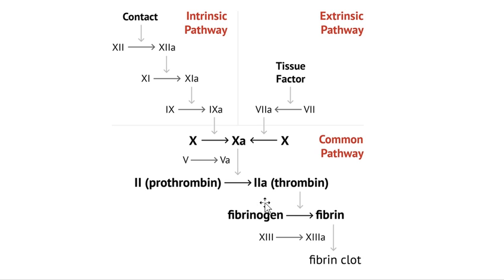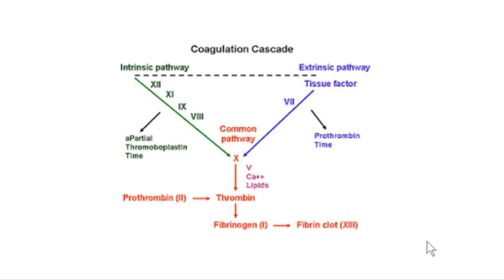Thrombin ultimately activates fibrinogen, converting it into fibrin. So fibrin threads are formed and form a fibrin clot in presence of factor 13. This is the coagulation cascade, where different clotting factors take part to form fibrin and ultimately the permanent clot.